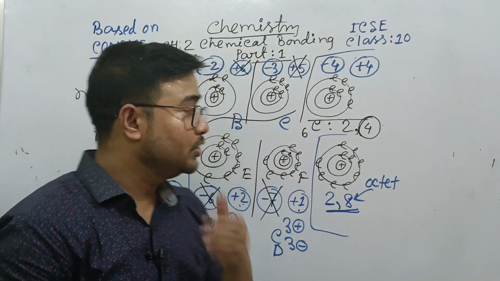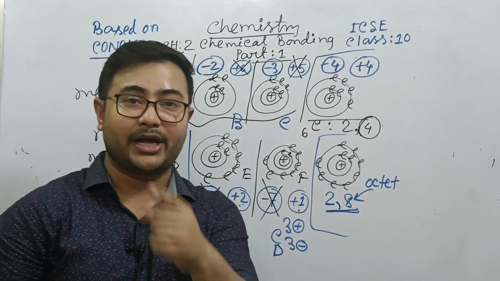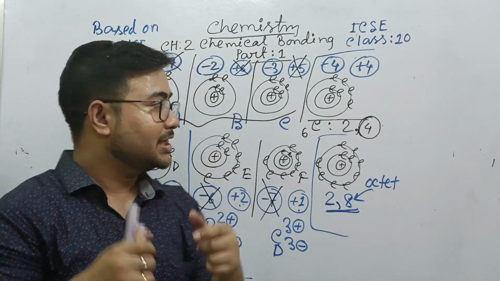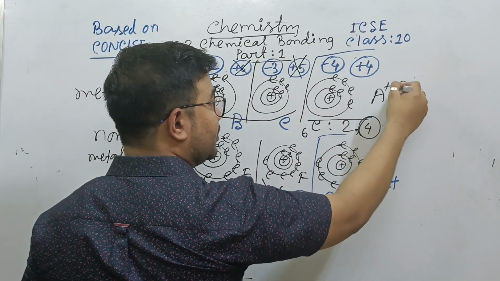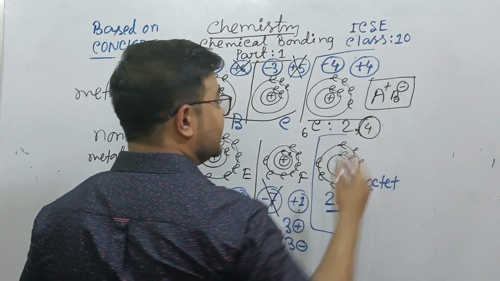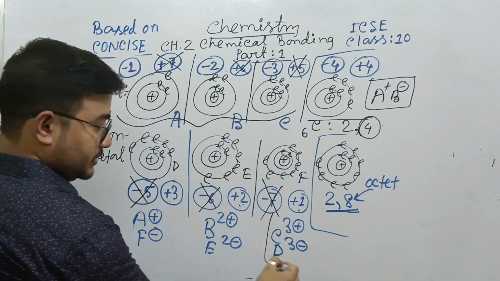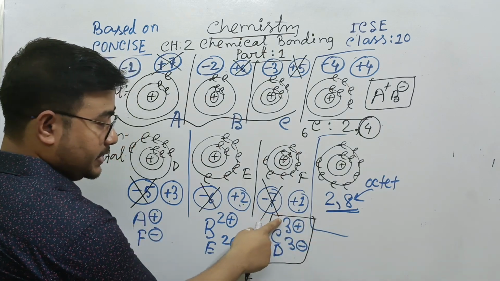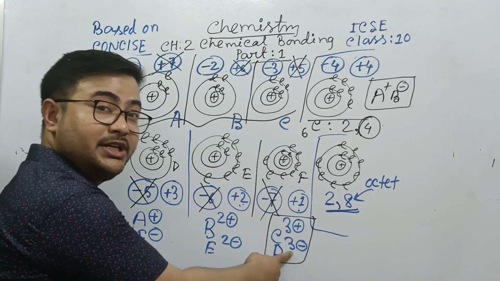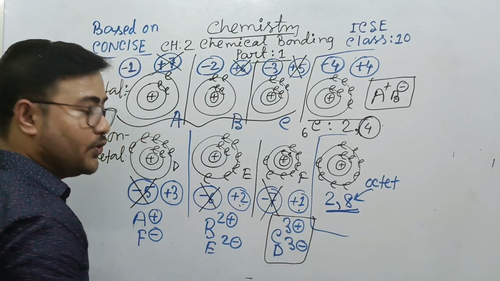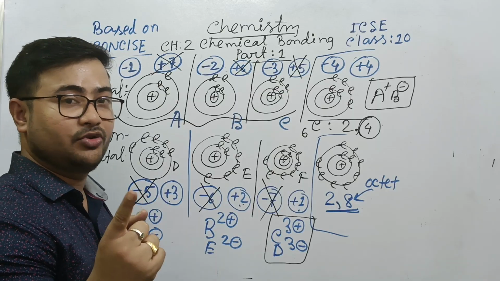I already told you the meaning of electrovalent or ionic bond: attraction between positive and negative. See here, 3 positive attracts with 3 negative, so C and D form an electrovalent bond.